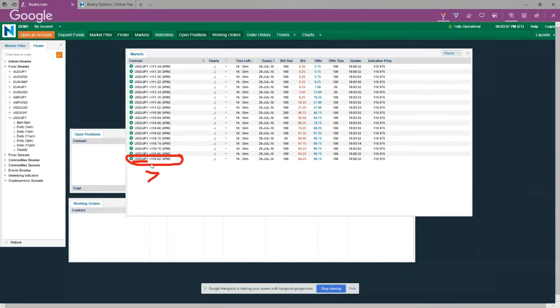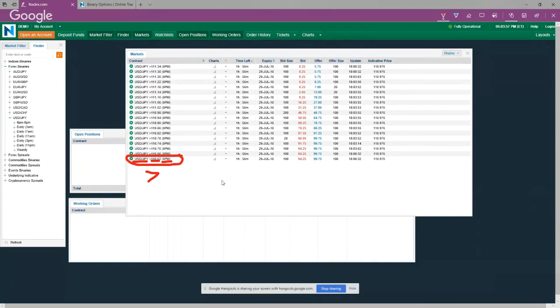Okay. So in this case, the USD JPY greater than 110.62. And it has to do it by 8 p.m. So immediately after the greater than symbol is the price and then the time that the binary expires. Okay.